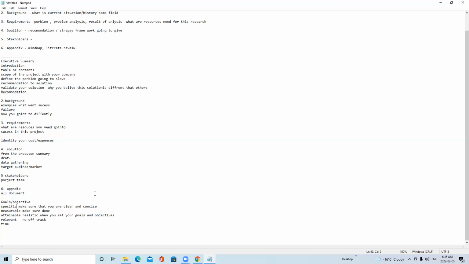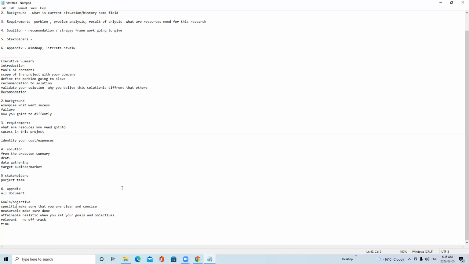So each item in your mind map, make sure there is some kind of tracking, traceability, so you can measure it. Maybe a timeline or some color coordination, whatever you want. That's up to you.